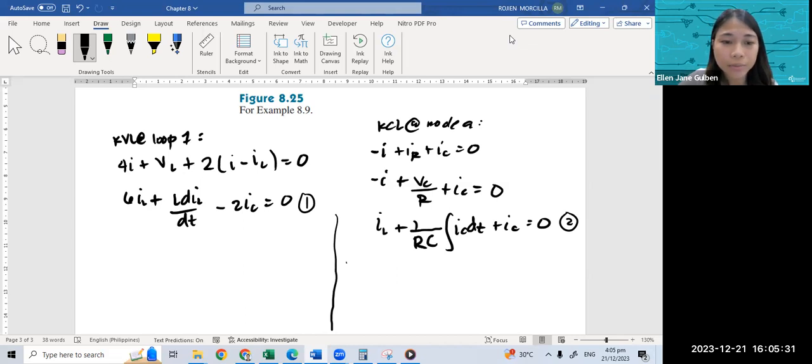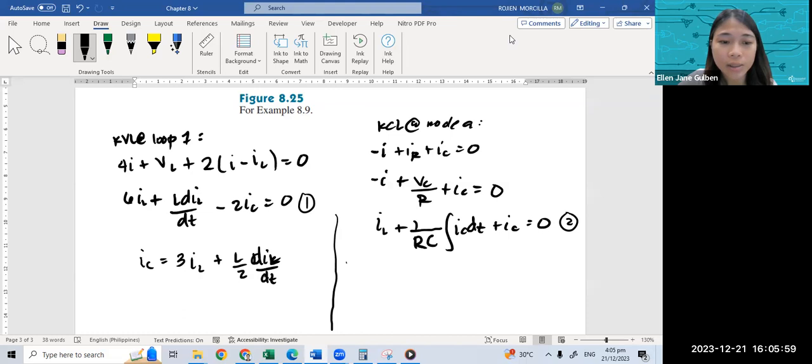We will get IC is equal to 6 over 2, 3 IL plus L over 2 dIL over dt.